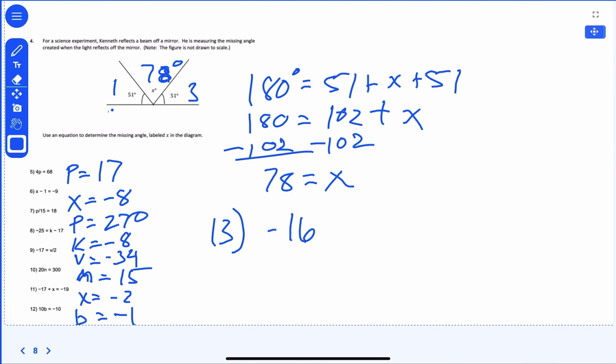Let me see here. 13. Yeah, it has to be negative 16. Negative 16 and negative 11 is negative 27. All right, 14 is 5. And 15 is negative 8. All right, go to page 9.